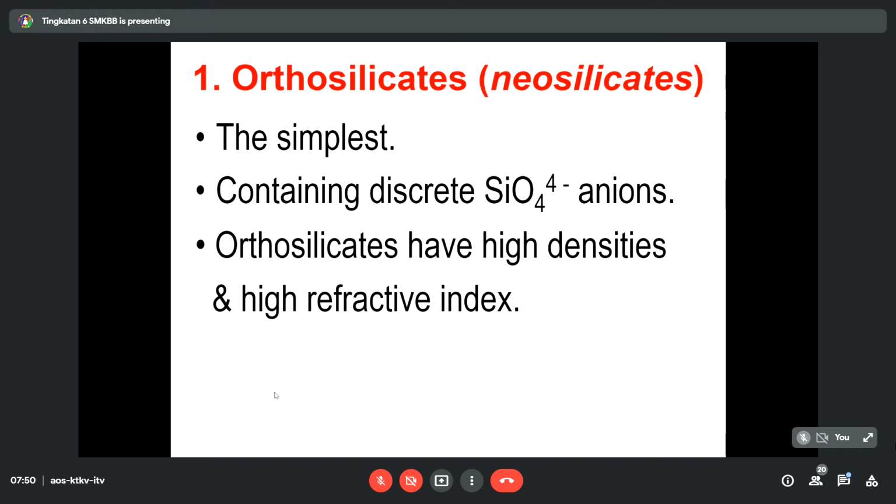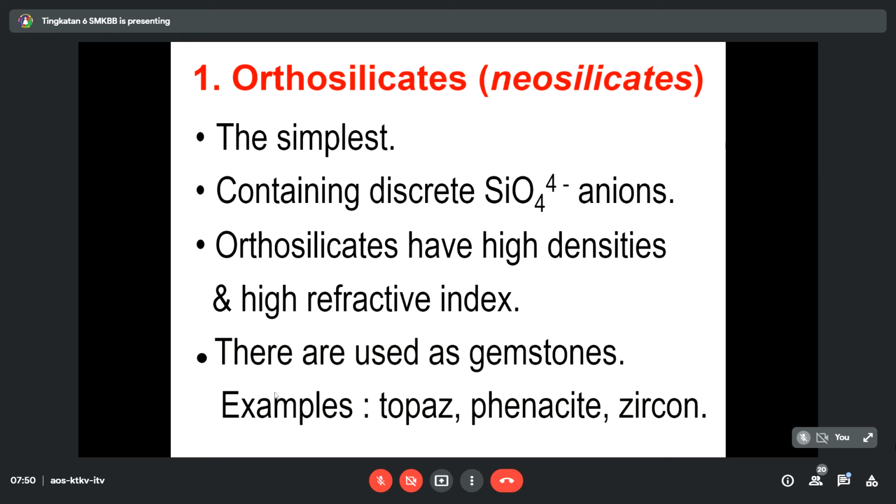Normally orthosilicates have high density and high refractive index, which means they look shiny and can reflect light. They are normally used as gemstones. The examples are topaz, phenakite and zircon. Topaz, you should know, is a gemstone.